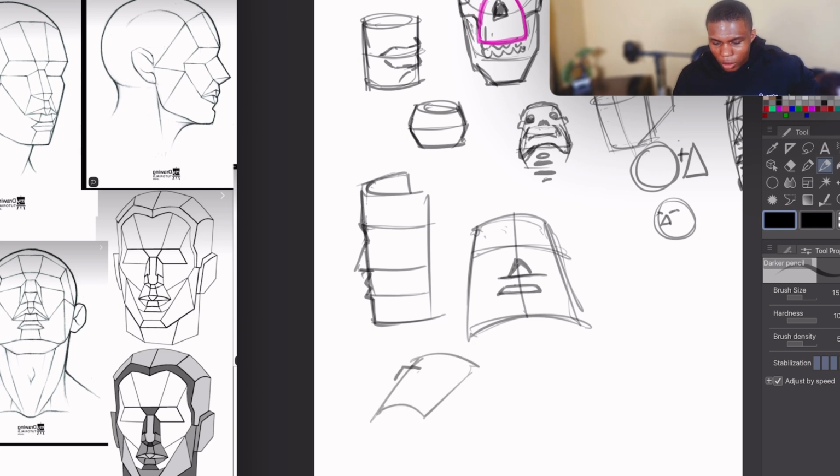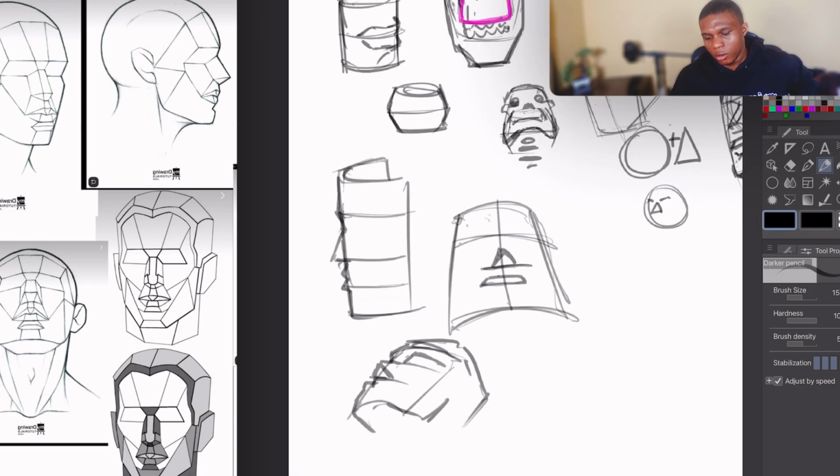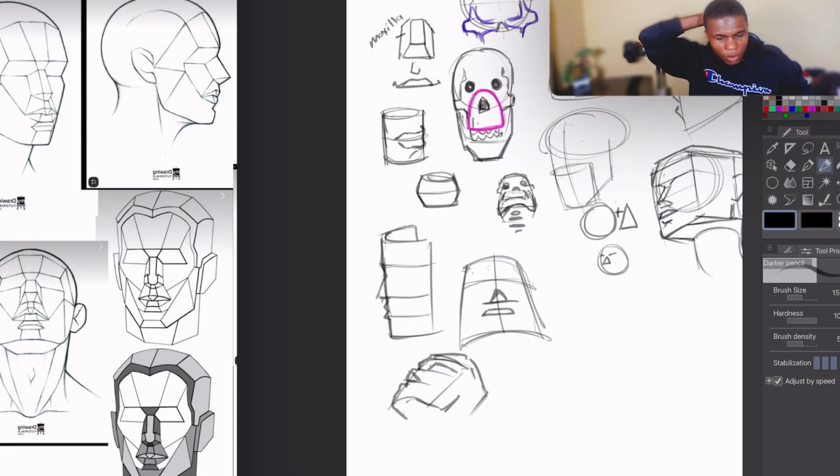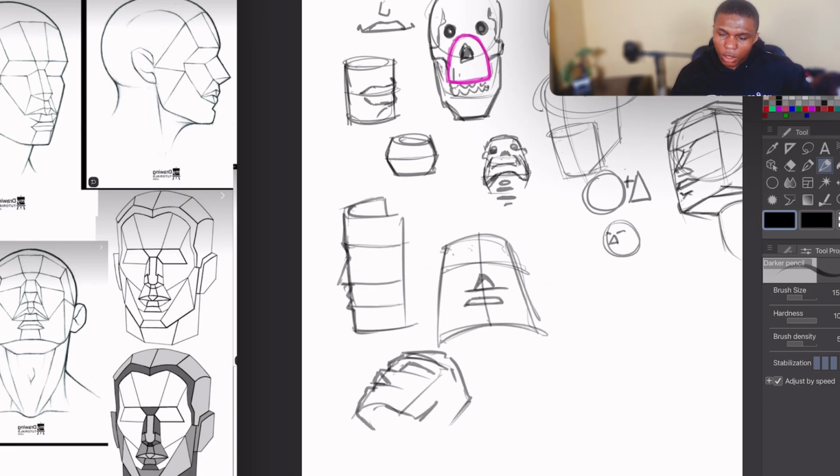So this is very useful. That's another thing you can apply using, let's say, the folded paper method.